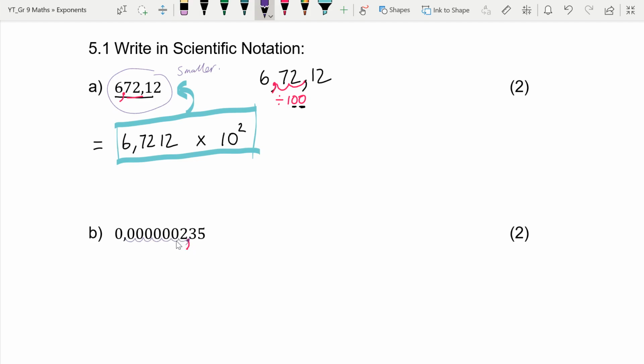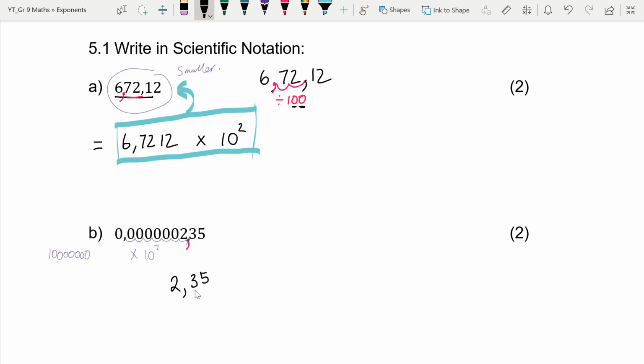So in order to get the comma there, we multiply by 10 to the power of 7, because that's how many times we moved it. Okay, now our a is sorted. We've got 2, comma, 3, 5. Now the comma is where we want it.